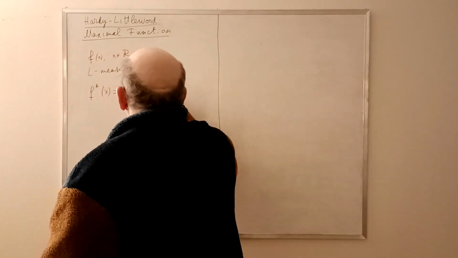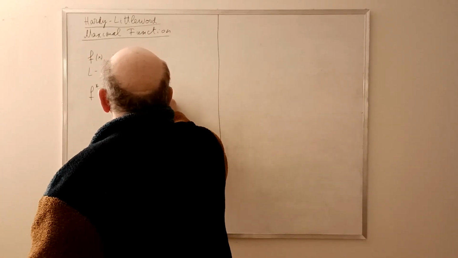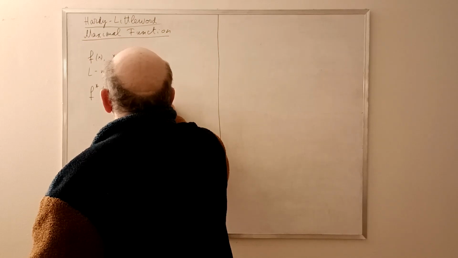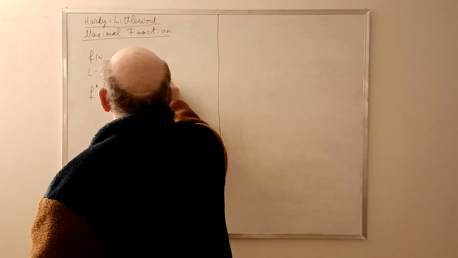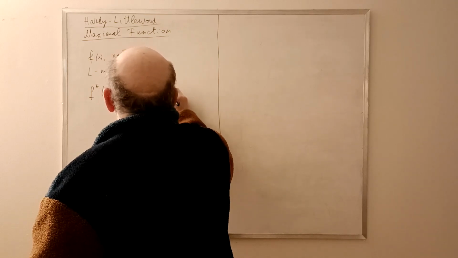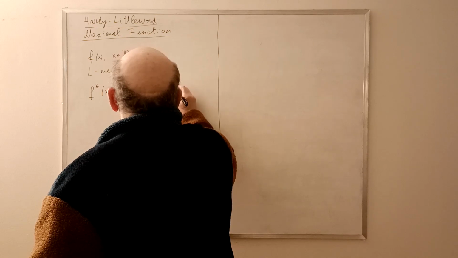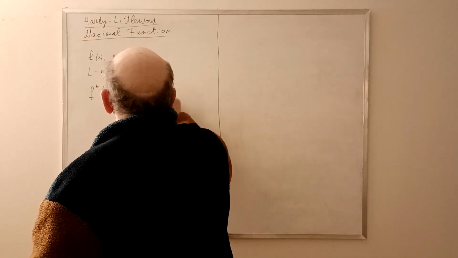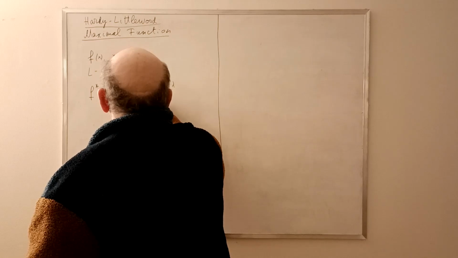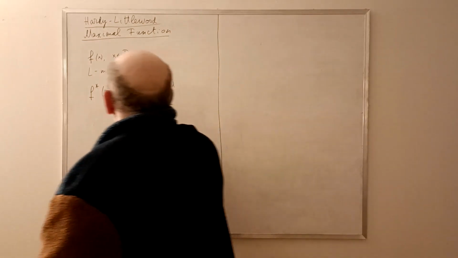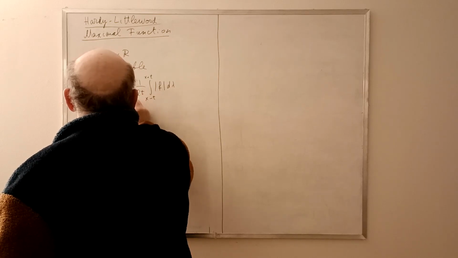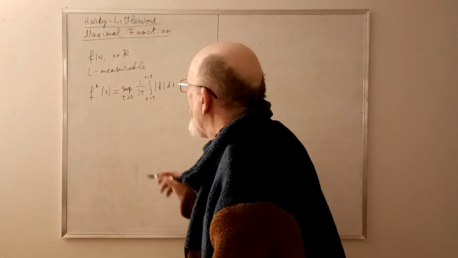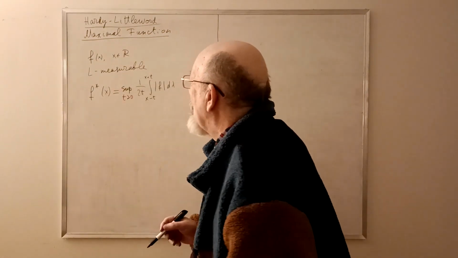We do it the following way: the integral from x minus t to x plus t of modulus f d lambda. Now we have to divide by 1 over 2t, and we have to take the supremum over all t more than 0.